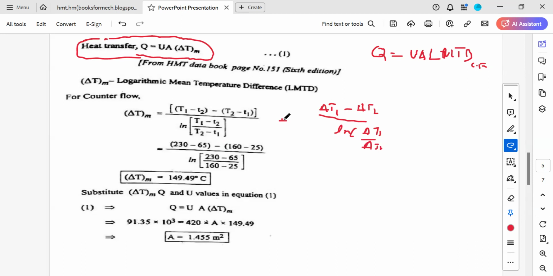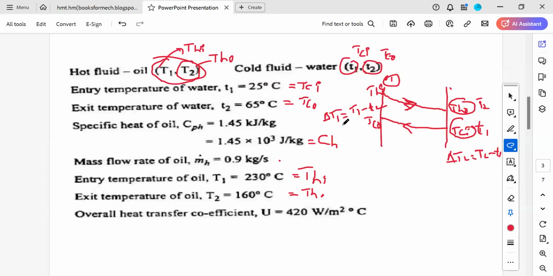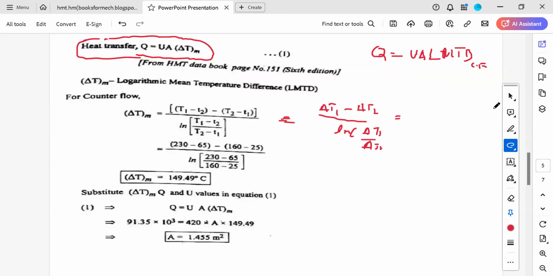Here delta T1 is the section 1 temperature difference, T1 minus t2, and delta T2 is the section 2 temperature difference, T2 minus t1. So LMTD is equal to delta T1 minus delta T2 divided by ln of delta T1 by delta T2.